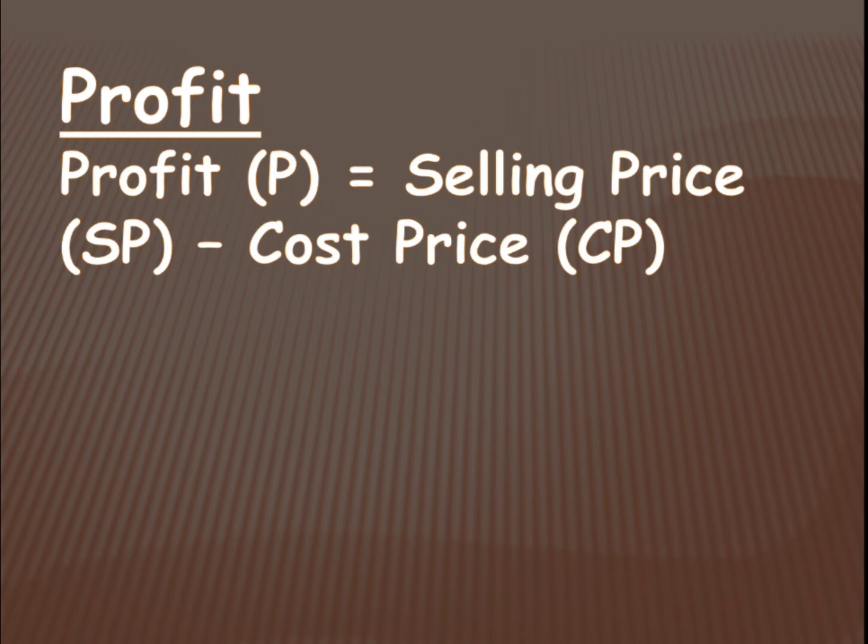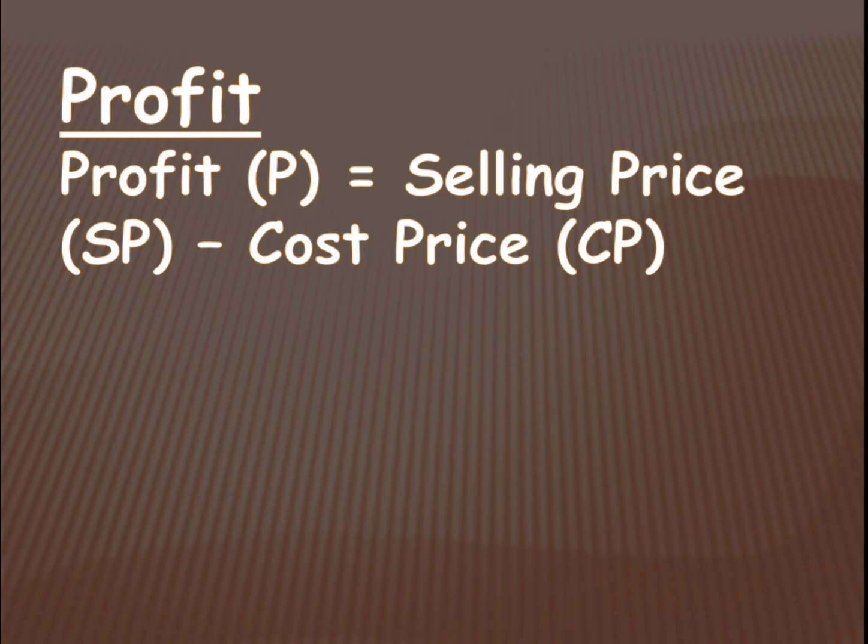For example, if you take the profit case, when you bought a thing and sold it and you got profit, then how do you find how much profit you got? Selling price minus cost price. See, when you bought a thing for 500 rupees, that is cost price, CP, 500. When you sell it for 600, selling price is 600.